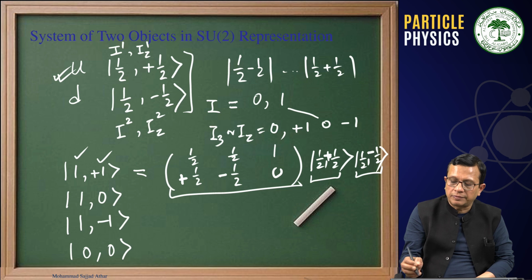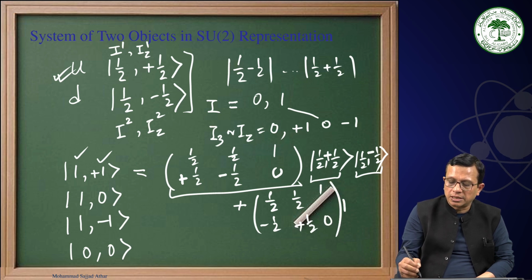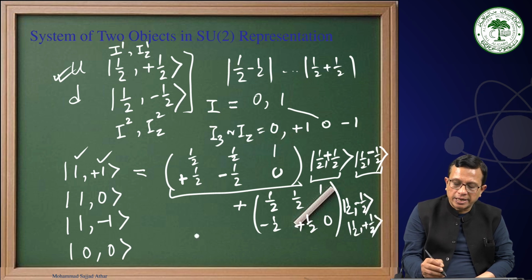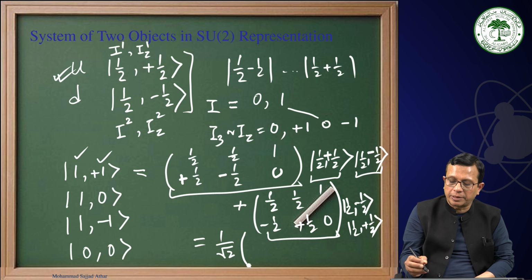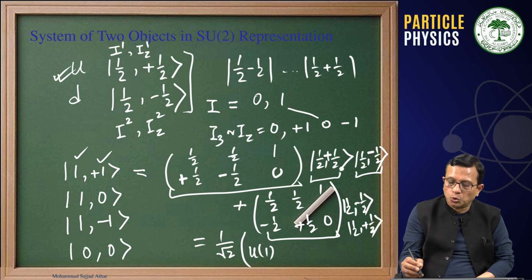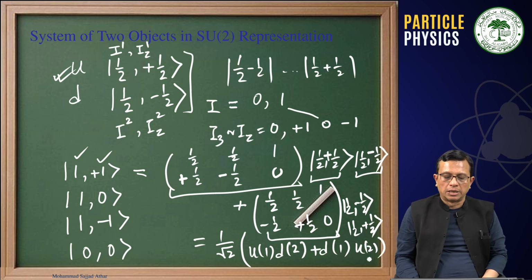This is plus half, and then another time this is half minus half, half plus half, and this is 1 0. This is half minus half and then half plus half. This Clebsch-Gordan coefficient is 1 by root 2, and this one is also 1 by root 2. Therefore, we have taken 1 by root 2 common. Then it was u1 d2 plus d1 u2.